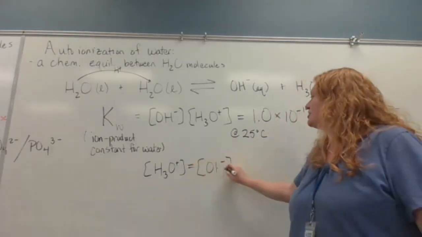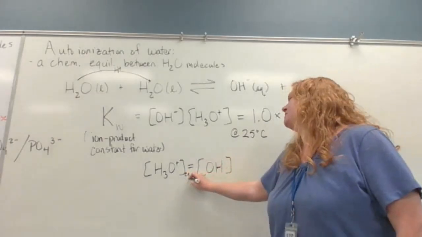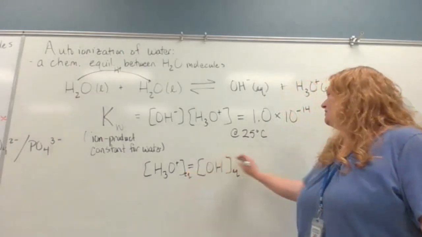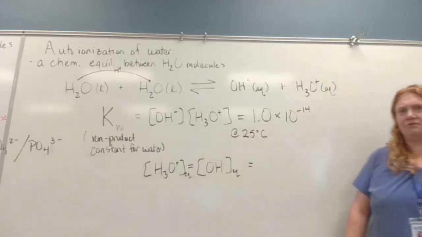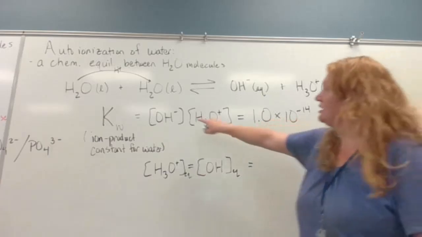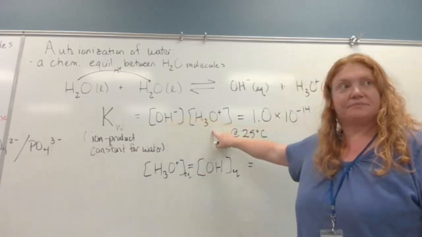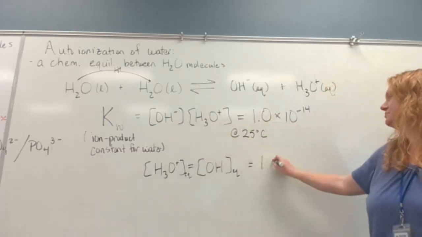What does that mean? These two concentrations are equal. Give me the equilibrium value of each of those ions. How would you solve that? Square root of KW, right? X times X, take the square root.